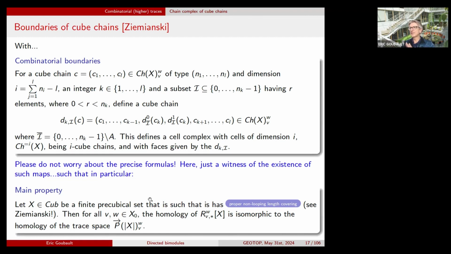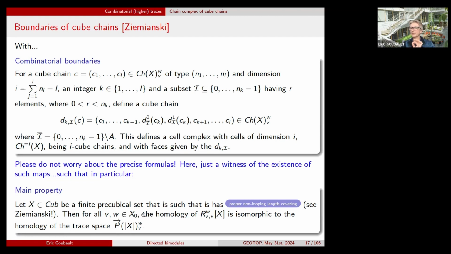The main property you have to understand, still proved by Christoph Zimensky, is that for some particular subclass of precubical sets, which is still interesting enough for my applications, concurrency or control, which has this property, then the homology of the chain complex I've just defined on cube chains is isomorphic to the homology of the trace space, the topological space of directed paths of the geometric realization of my precubical sets from V to W. Okay, so if I take the chain complex of my cube chains that go from V to W, using this boundary operator I had on the slide before, then computing the homology as usual of this chain complex, I'm going to exactly know the topology of this topological space of directed paths from V to W of the geometric realization, right?